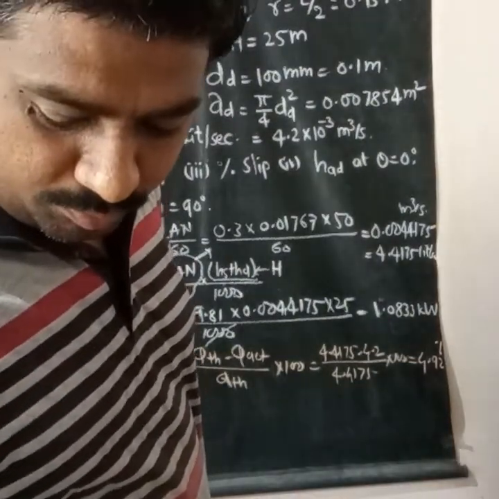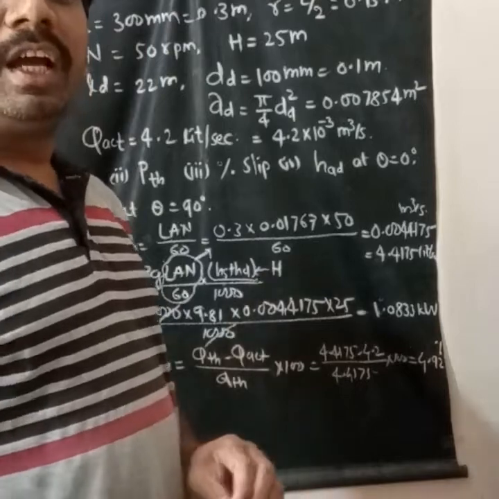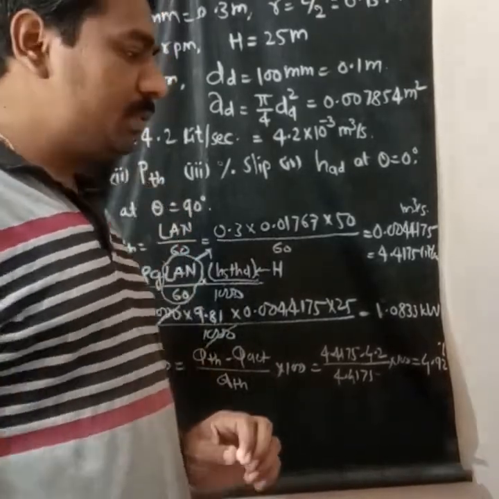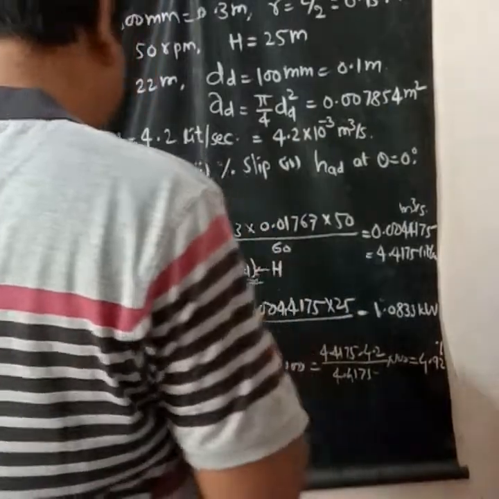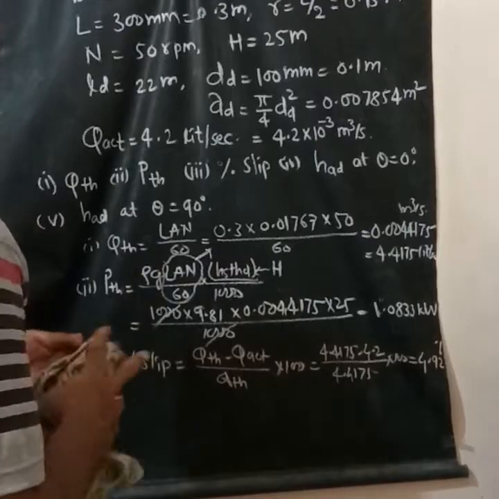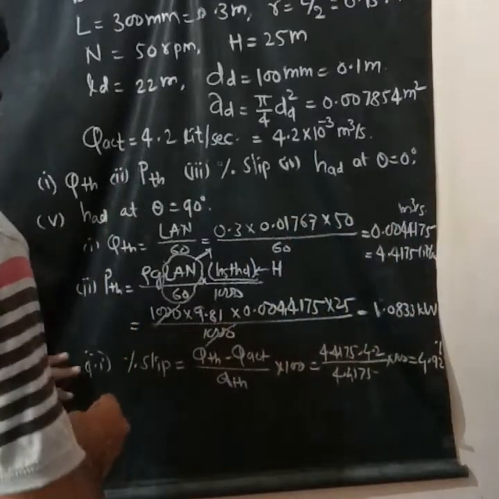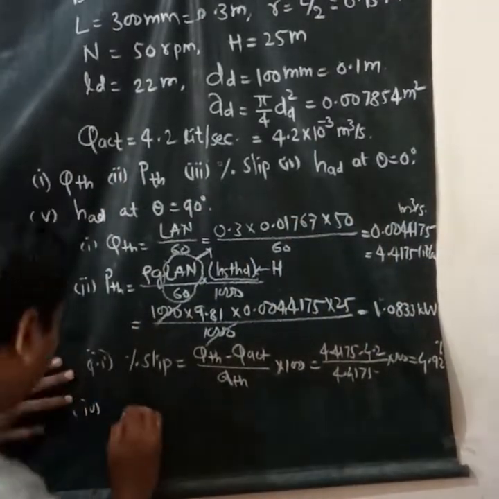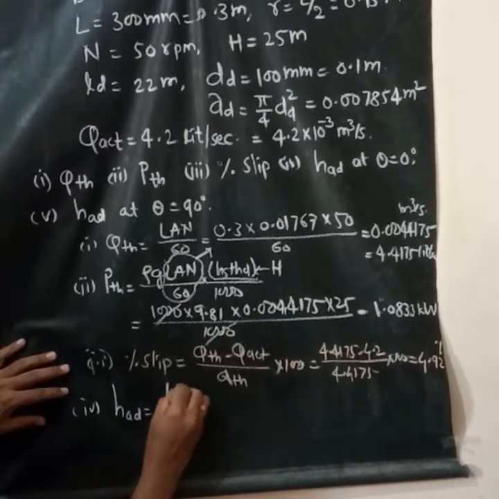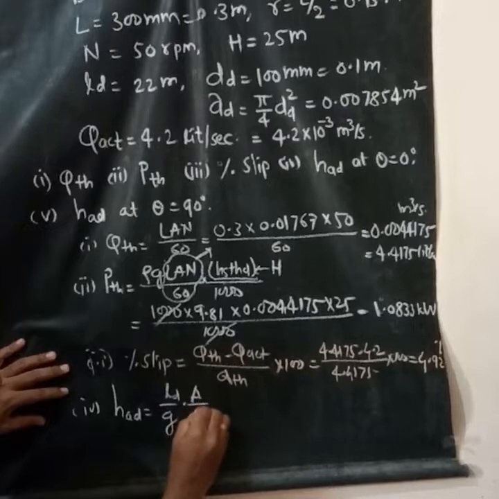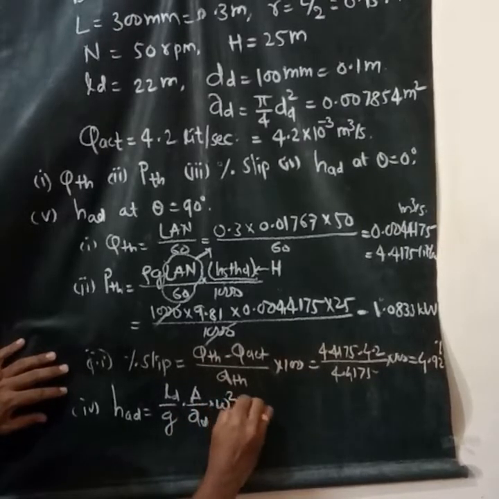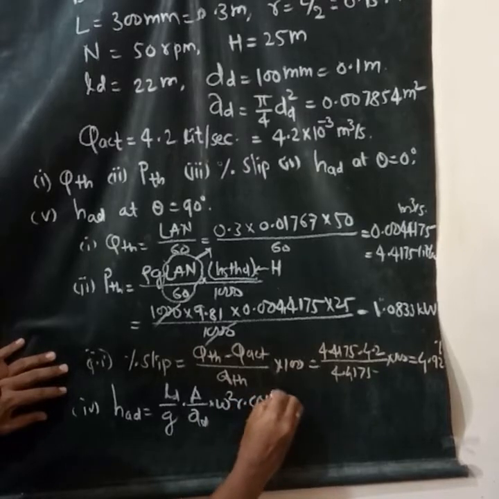Now there is an important one, that is HAD at theta equals 0 and HAD at theta equals 90, sorry, not 1. So can I write here itself? This HAD will be equal to LD by g, A by AD, into omega square r into cos of theta.